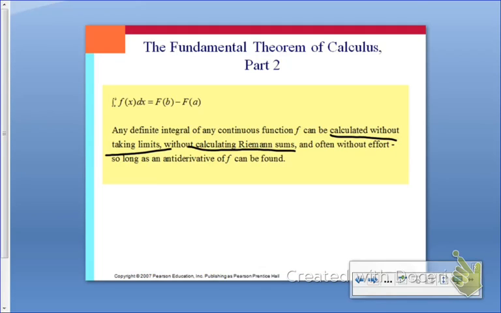So in other words, what this is telling us is that we don't necessarily have to use rectangles. That's our Riemann sum. We don't have to use the definition of limits, which we looked at how to do earlier. That's the same idea with the Riemann sum. It takes the idea of taking the limit of an infinite number of rectangles and putting them underneath a curve to get the area.